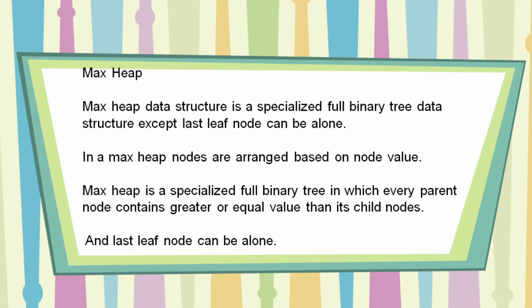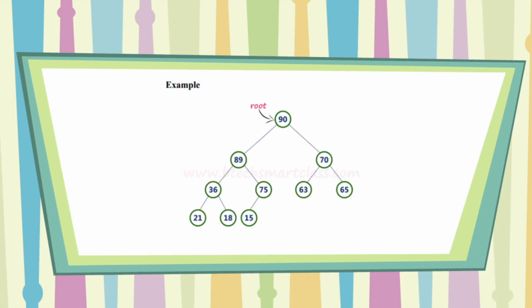How do we arrange these nodes in a max heap? The parent is greater than the child nodes, in which every parent node contains a greater or equal value than its children. This is the property of max heap data structure.